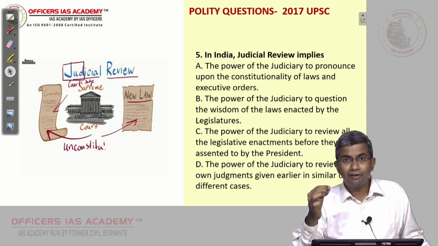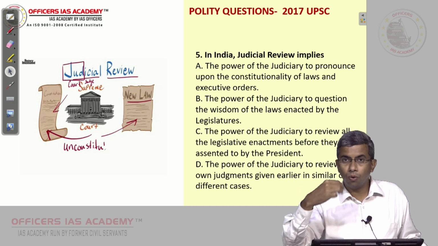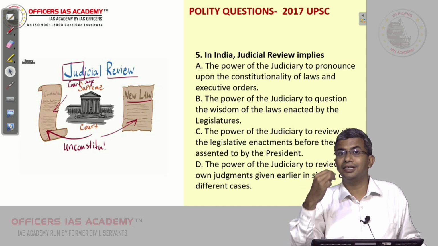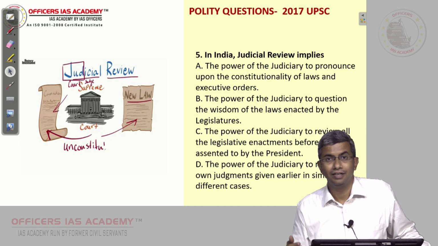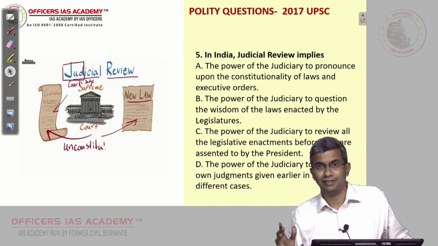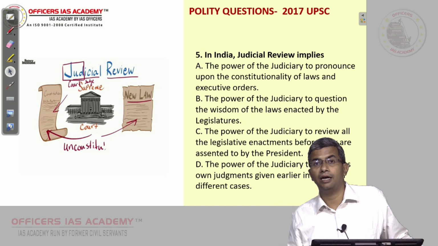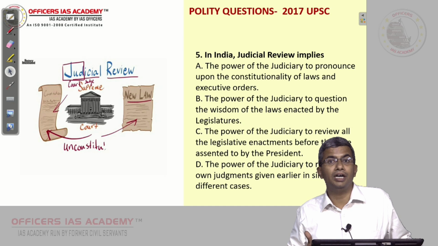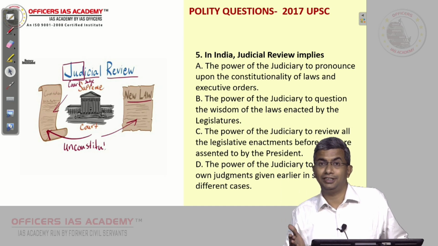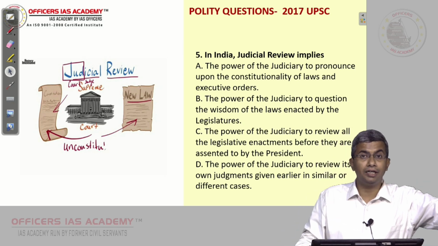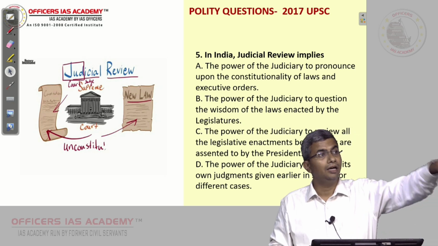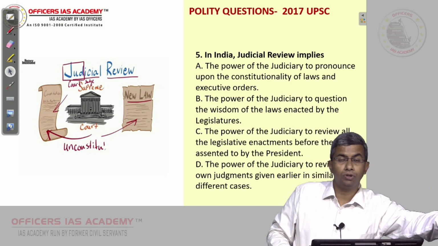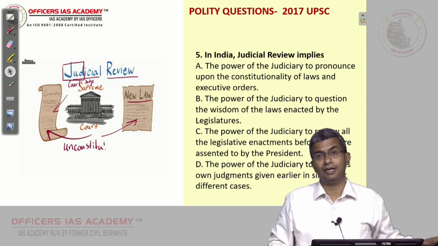No, the power of the judiciary to review its own judgments, and that review jurisdiction is primarily with the Supreme Court. High courts don't have review powers unless it's an error apparent on record. The review power is vested with the Supreme Court of India under Article 137 to review its own decisions. Right to privacy was not earlier declared as a fundamental right, but in 2018 they reviewed their own decision and declared it as a fundamental right.